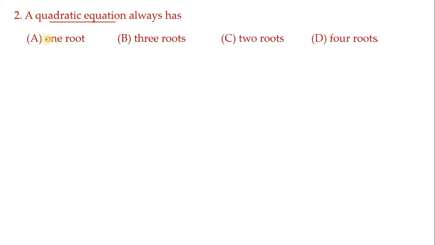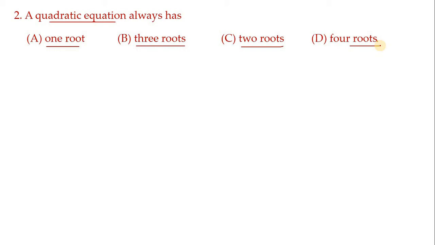Move on to the next question. A quadratic equation always has 1 root, 3 roots, 2 roots, 4 roots. Children, to answer this question, you have to remember the standard form of quadratic equation, that is ax square plus bx plus c equals 0.